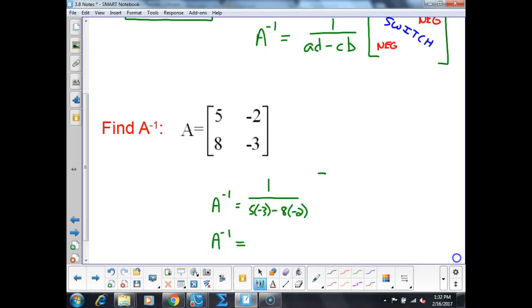Now then, I need to figure out the matrix part of it. So I switch the main diagonal. So these two get switched. So -3 is up there, 5 is down there.